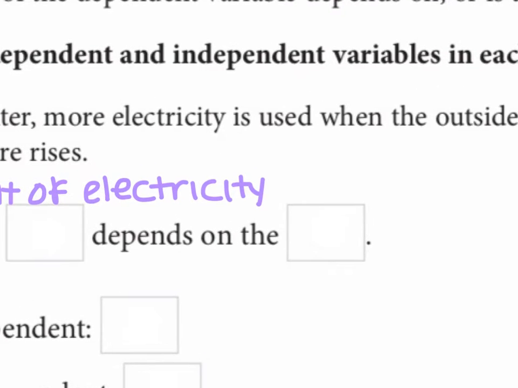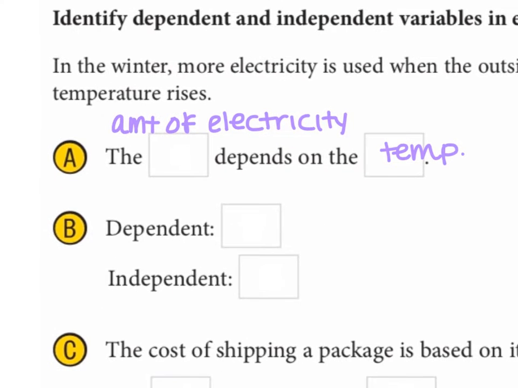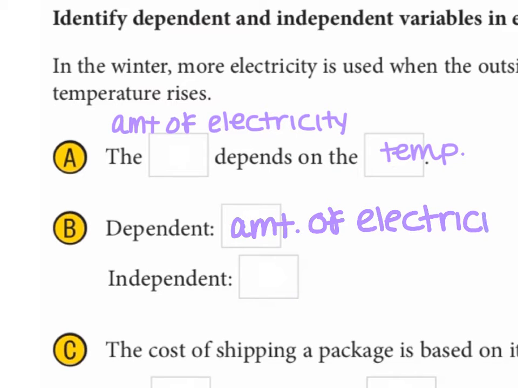Your independent and your dependent are from this. Which one changes based off of the other one? The amount of electricity changes based off of the temperature. So the amount of electricity is your dependent and the temperature is your independent.